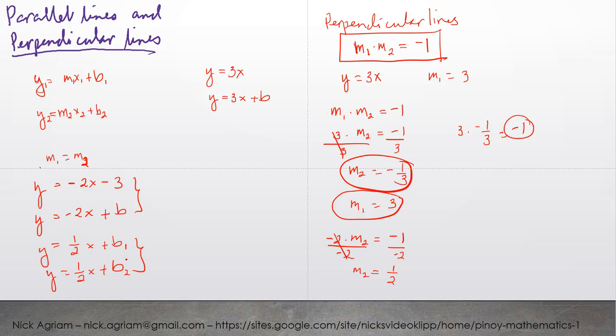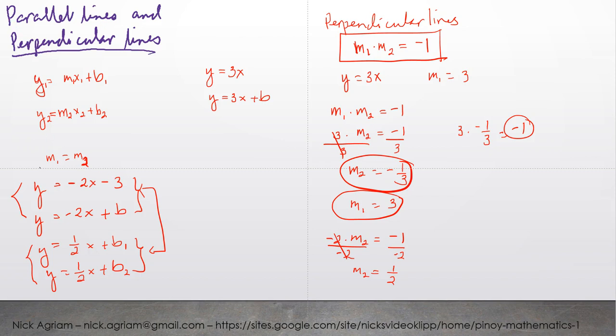They should not be the same when we talk about parallel lines. So these two are parallel lines, these are parallel lines, but these are perpendicular lines. I hope you understood and learned something about parallel lines and perpendicular lines.